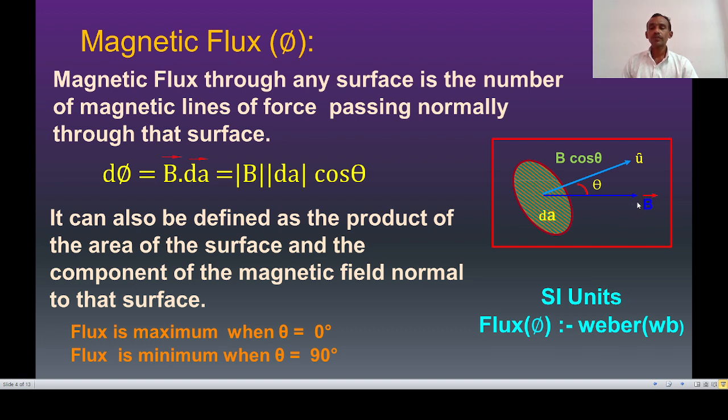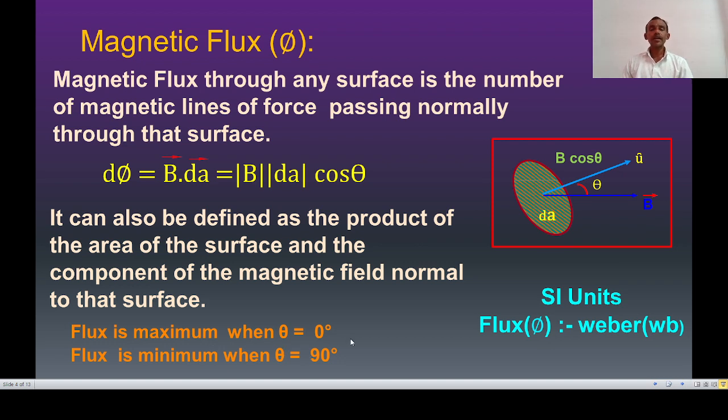That means the surface is perpendicular to the magnetic field, or the magnetic field passes perpendicular to the surface. At that time, flux will be maximum.